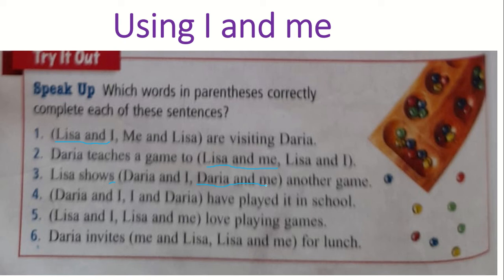Daria and I, or I and Daria, have played it in school. Remember, where is the parenthesis? Lisa and me, or Lisa and I, love playing games. Remember, which one contains the subject? Daria invites me and Lisa, or Lisa and me, for lunch. Remember to name yourself last.